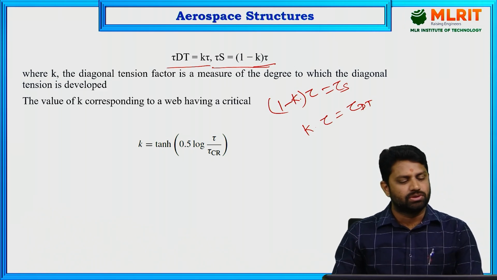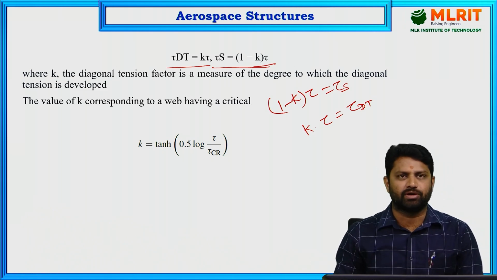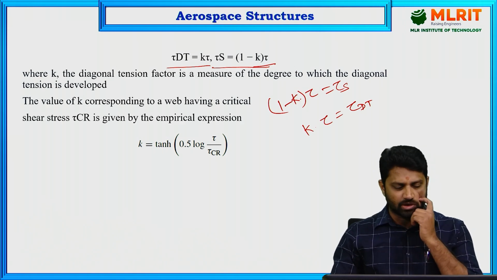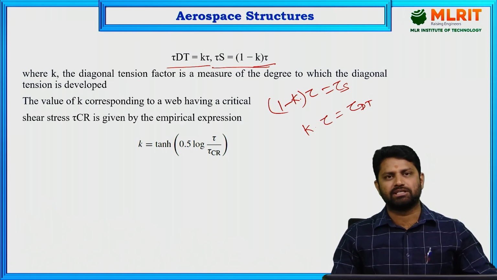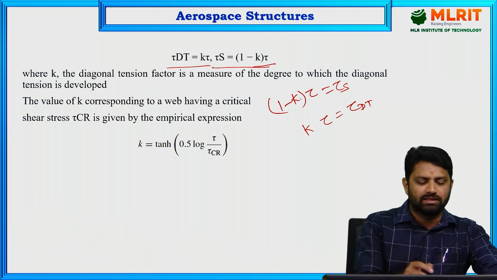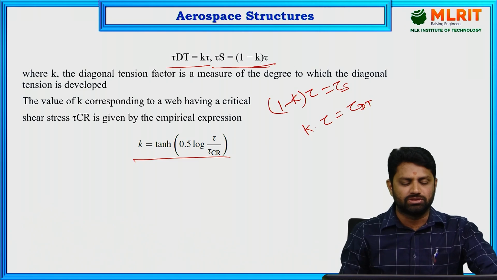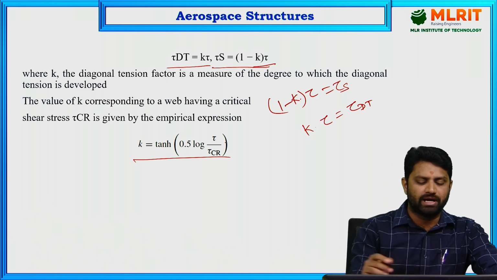Now the value of k corresponding to a web having a critical shear stress, tau critical, is given by the empirical expression k equals tanh of 0.5 log of tau by tau critical.